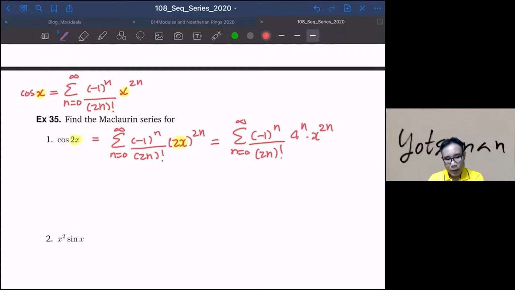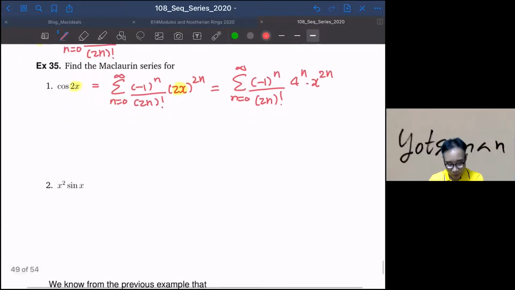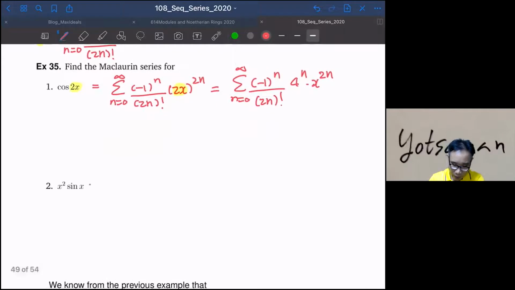Another one is going to be just x squared sine x. Okay, x squared sine x is going to be, you have x squared, and what is sine x? Sine x is going to be the series n equal to 0 to infinity of negative 1 to the n over 2n plus 1 factorial x to the 2n plus 1.